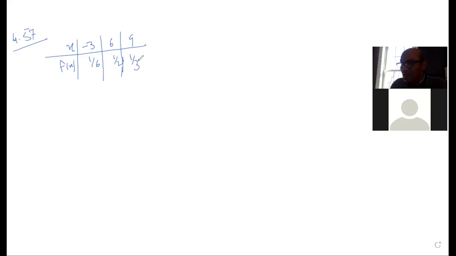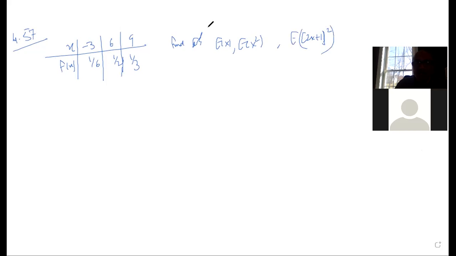It says to find the expected value of X, the expected value of X square, and then using the random variables evaluate E of (2x plus 1) square. So we need to find these three items.